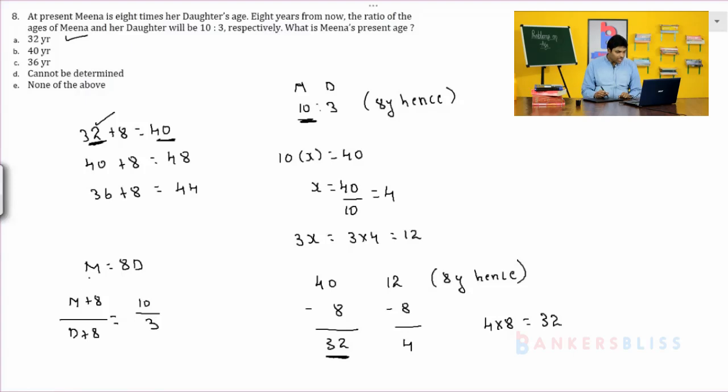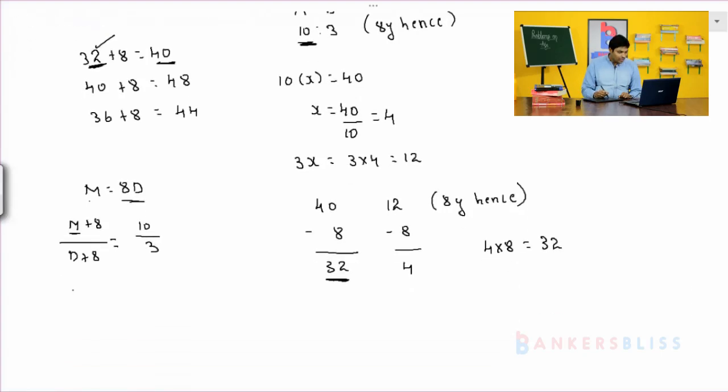In the place of M, we can write 8D. So substitute 8D here: (8D plus 8) by (D plus 8) is equal to 10 by 3. Now you cross multiply.